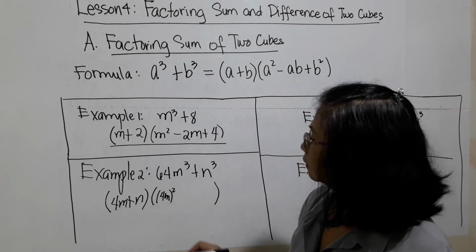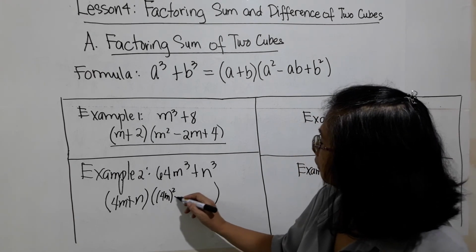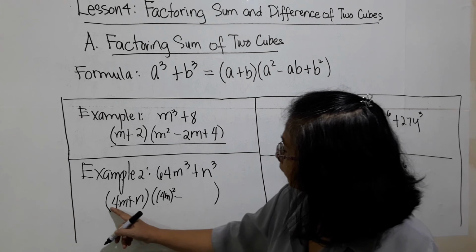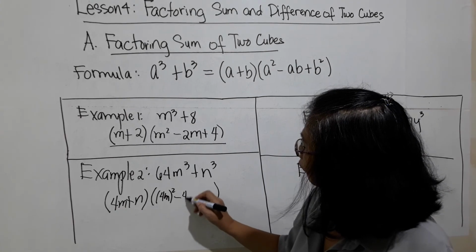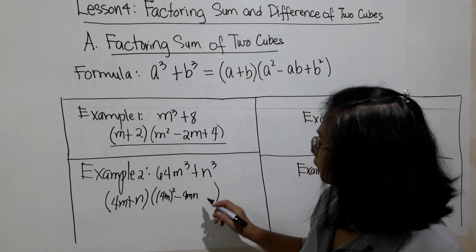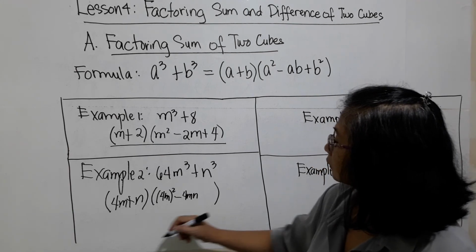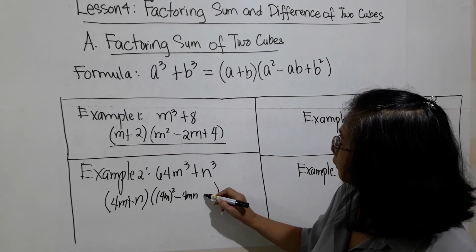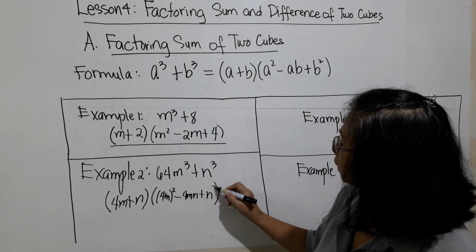Following this, we have 4m squared. Minus ab, multiply these two, you have 4mn. Square the second term here, plus n squared.